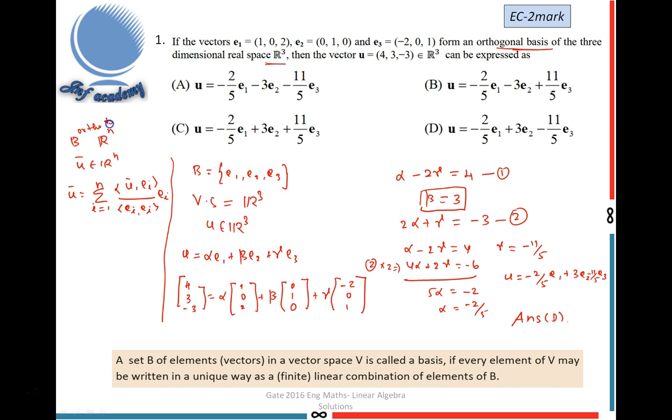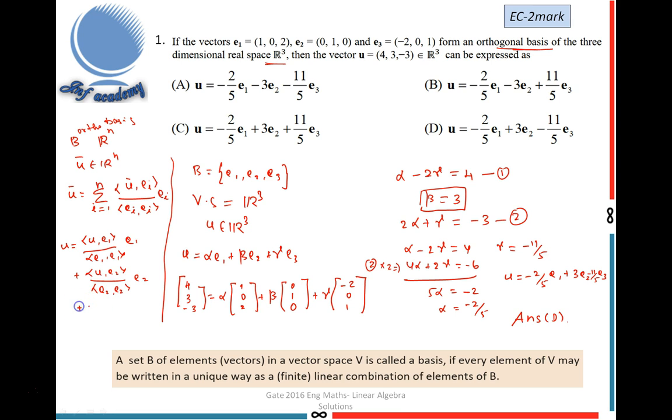Here the given basis is an orthogonal basis, so I can write U vector equal to sigma i equal to 1, 2, 3, since only 3 elements are available in the basis. The first term, i equal to 1, is the inner product of U comma E1 divided by the inner product of E1 comma E1, into E1, plus the second term, the inner product of U comma E2 divided by the inner product of E2 comma E2, into E2.